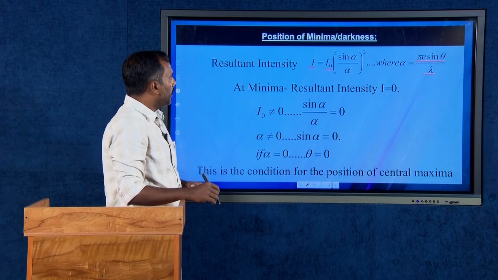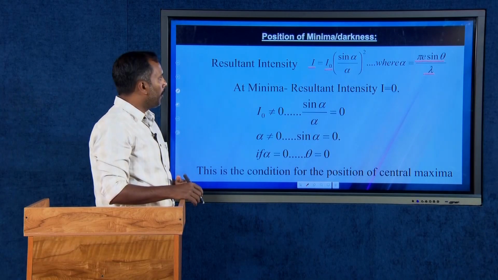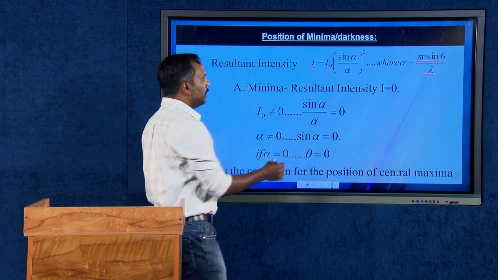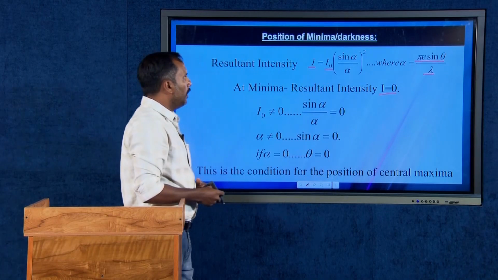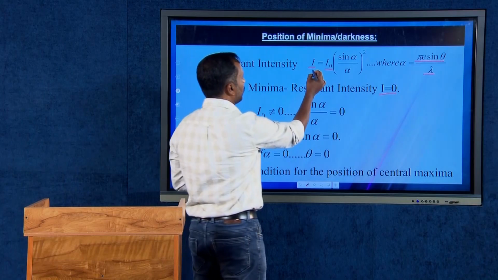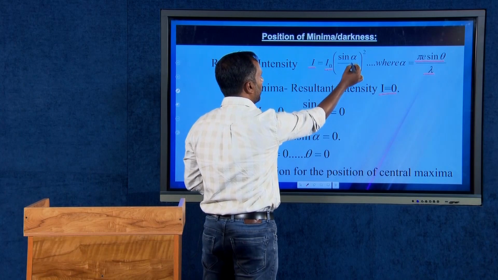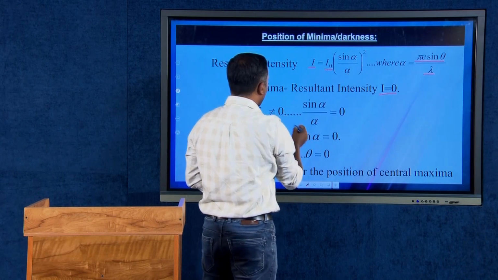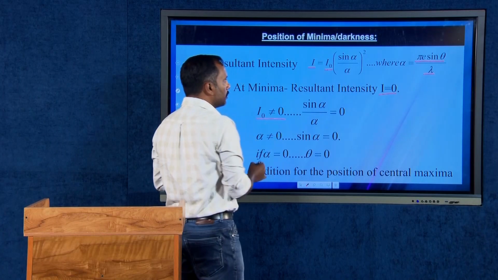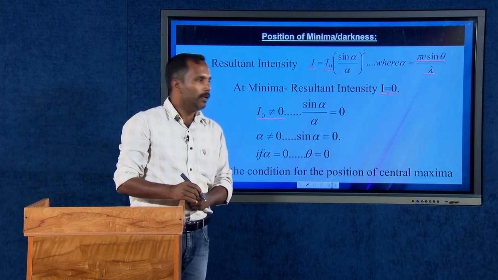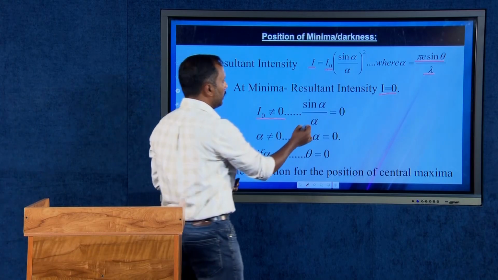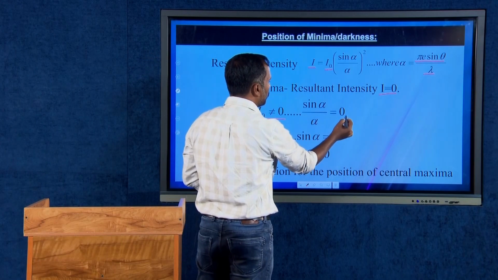Now, we know that at minima or a dark point, the resultant intensity shall be 0. In the equation of the resultant intensity, I0 into (sin alpha divided by alpha) whole square, I0 shall not be 0 because I0 is the intensity of the central maxima. Then the possibility is that the second term, sin alpha by alpha, shall be 0.